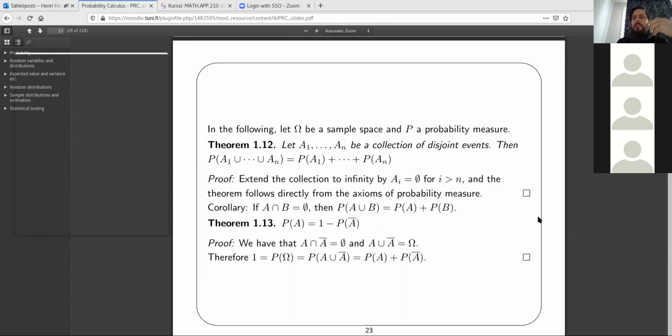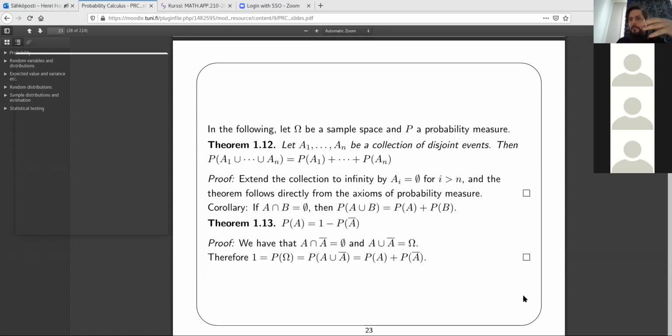Another theorem says that the probability of an event happening is always 1 minus the probability of it not happening. And this follows directly from the axioms. Obviously A intersected with its complement is empty. So A and its complement, A and not A, cannot happen together, obviously. Their union, again, is the whole sample space, because A either happens or doesn't.